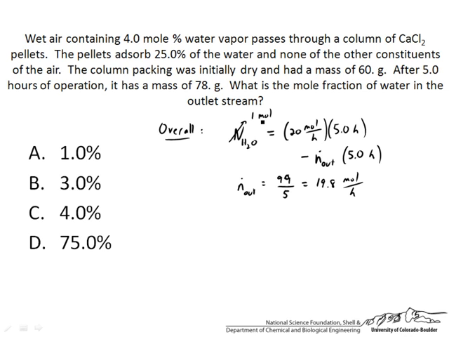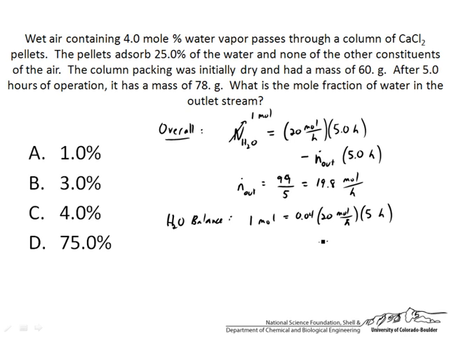Now the last thing we need to do is our water balance, and we're going to write that a different way this time than last time. Our water balance: we can write that the 1 mole of water that is accumulated is equal to 0.04, which is our molar percentage of water in the inlet stream, times 20 moles per hour over the 5 hours of accumulation time.